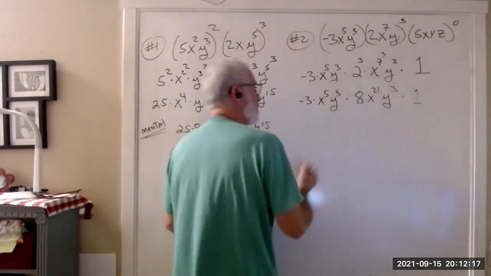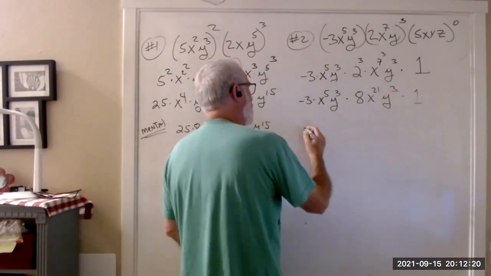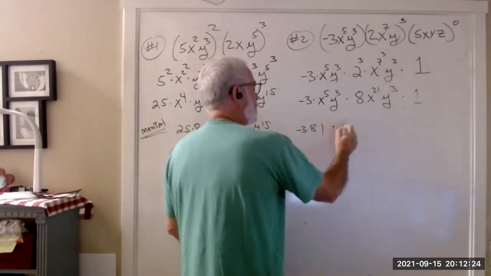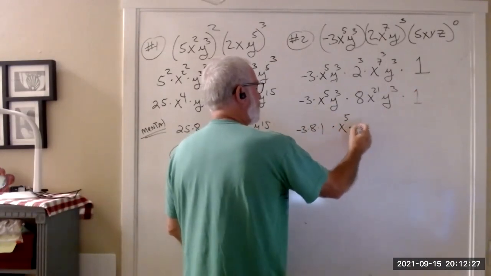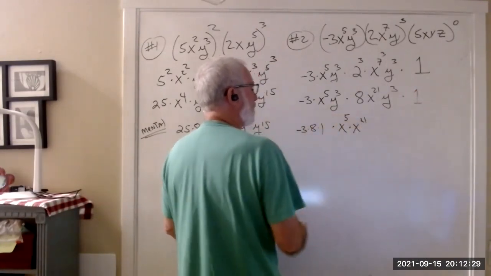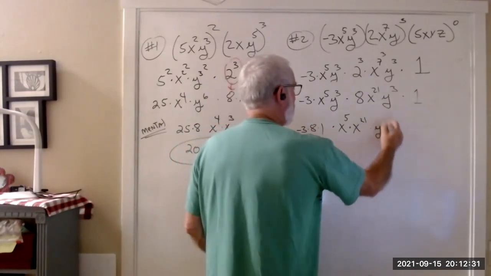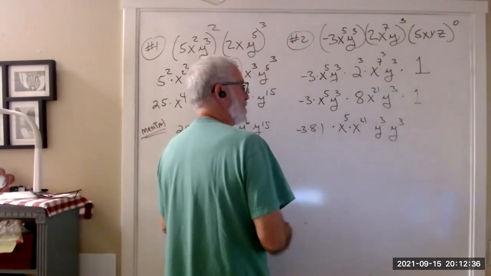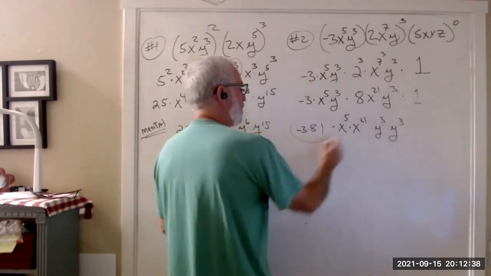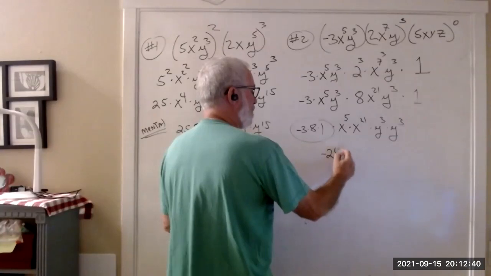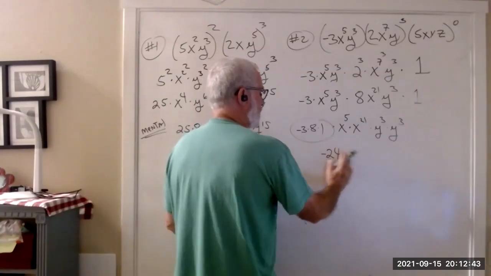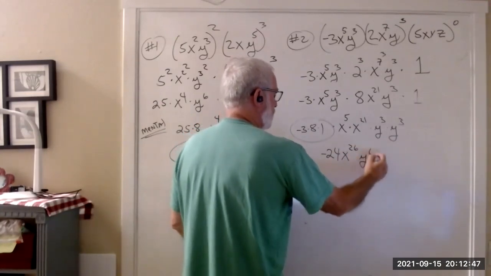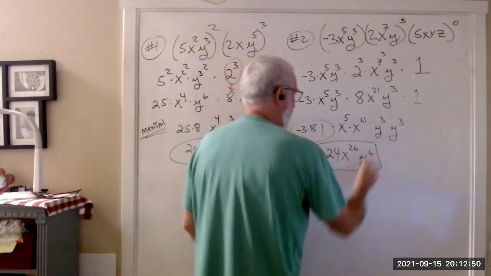So mentally, you have -3 times 8 times 1 times x to the 5th times x to the 21 times y to the 3rd times y to the 3rd. So put everybody together. This is -24 times x to the 26 times y to the 6, and that's my answer.